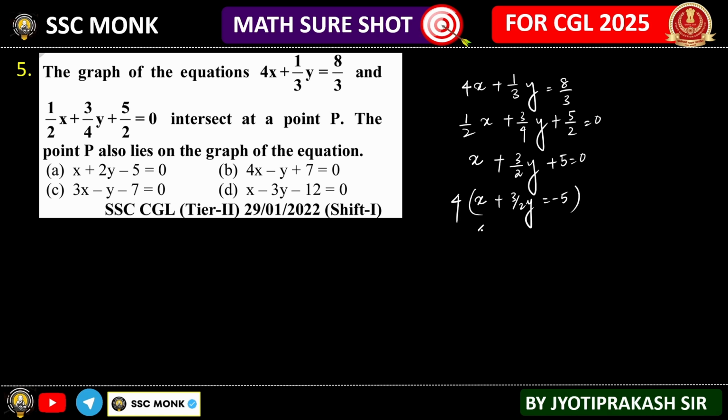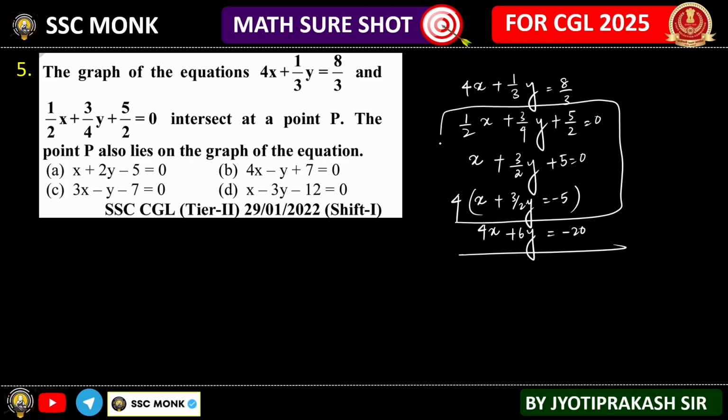So this will be 4x plus 6y is equal to minus 20. Now I can skip this, and I'm talking about these two equations, and when I'm taking the difference, 4x is gone. 1 by 3y minus 6y, so it can be written as 1 by 3 minus 6 y is equal to 8 by 3 plus 20.